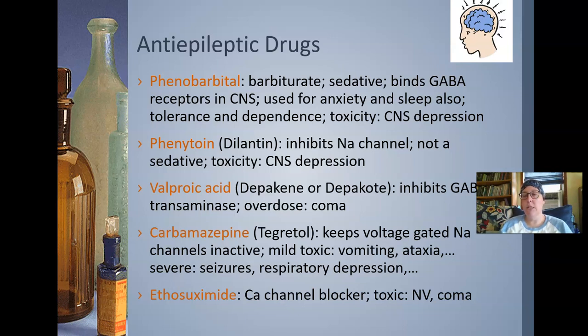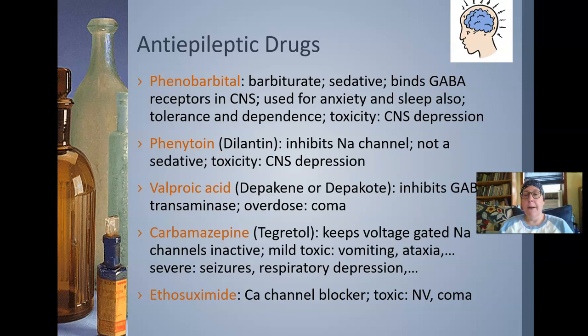Okay. With toxicity, you see CNS depression. So if they take too much of it, they may be hard to wake up. So phenytoin is Dilantin. It is important for you to know both names, because usually we have the generic name, so we have phenytoin in the lab, but the nurses usually know the brand name, Dilantin, and so they may call you and say, hey, where's my Dilantin level, and you have to know that they're asking about the phenytoin.